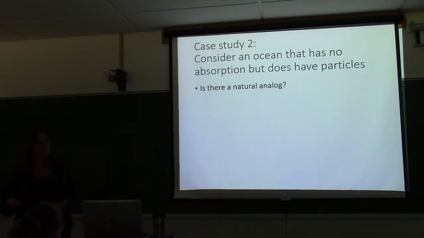And so the ocean will look white. And as you travel down, does it get darker? Nope. So if we had an ocean with no absorption and just particles, it would be lit down to 5,000 meters. Wouldn't that be awesome?